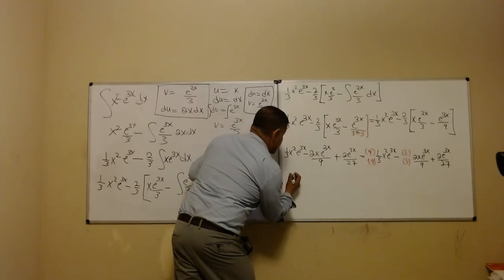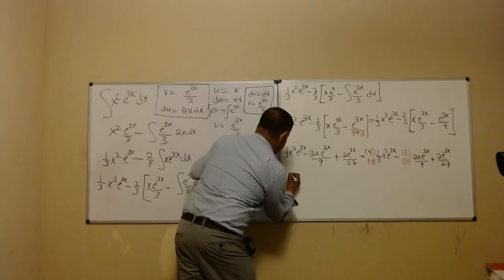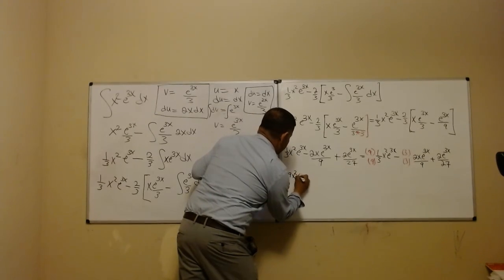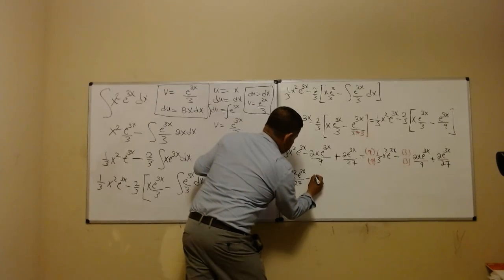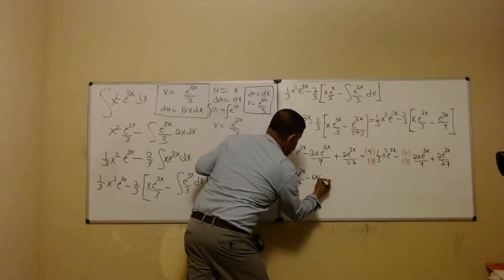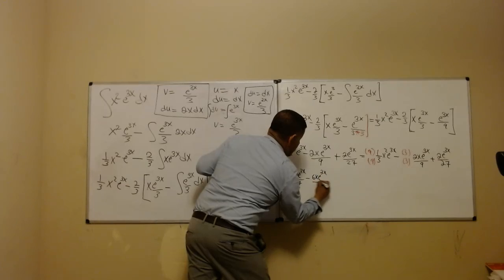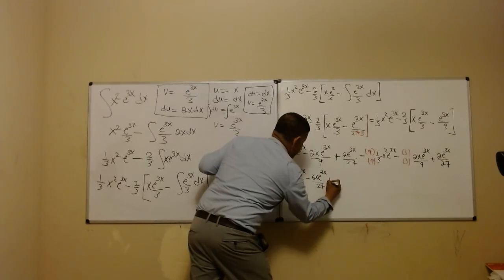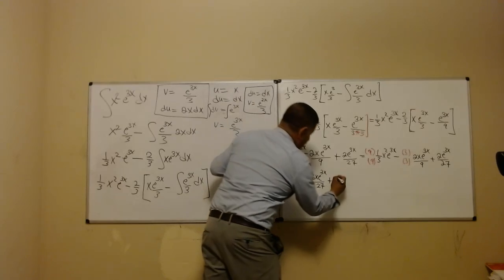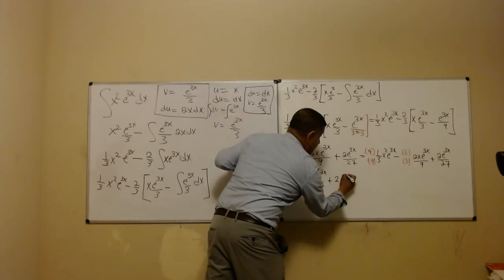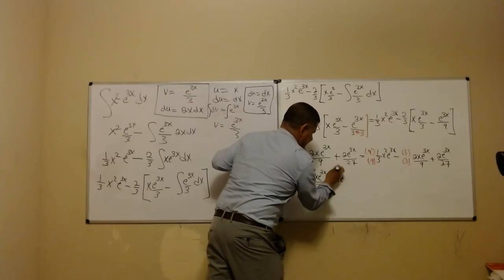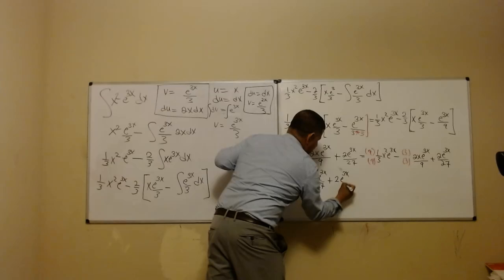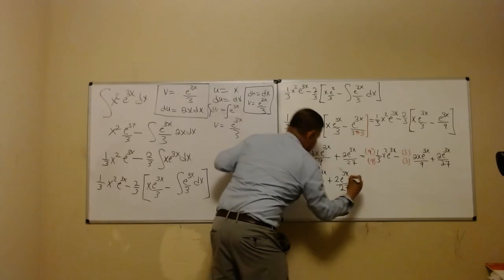So it's going to be 9x squared e to the third x over 27 minus 6x e to the third x over 27 plus 2e to the third x over 27, right?